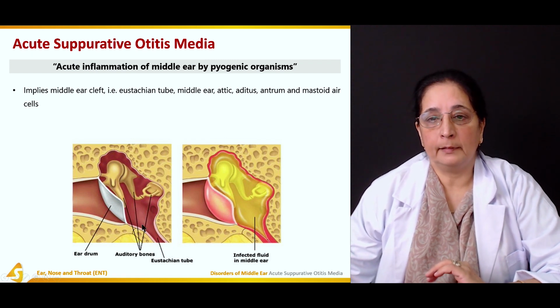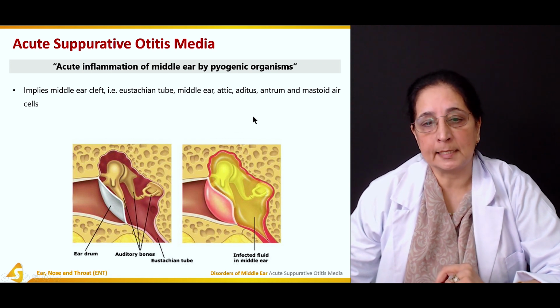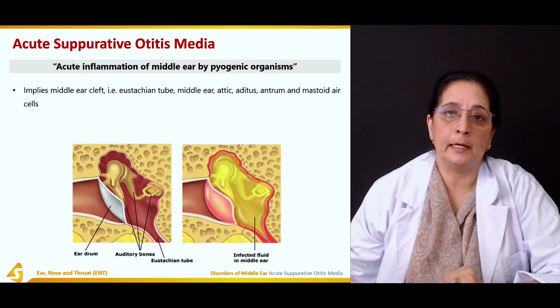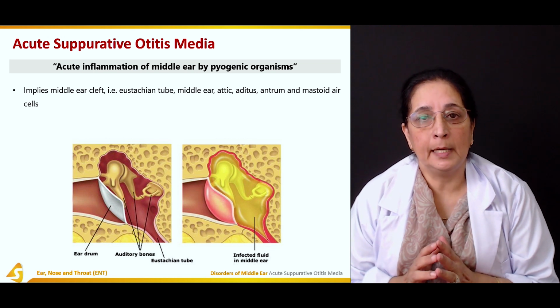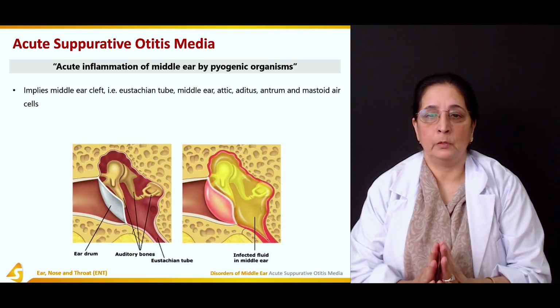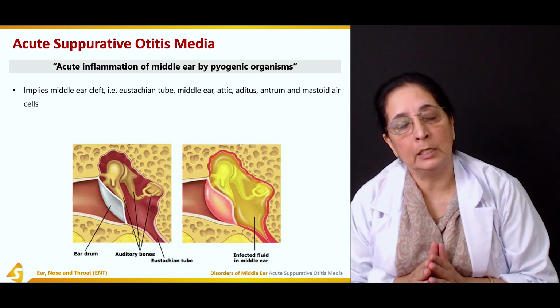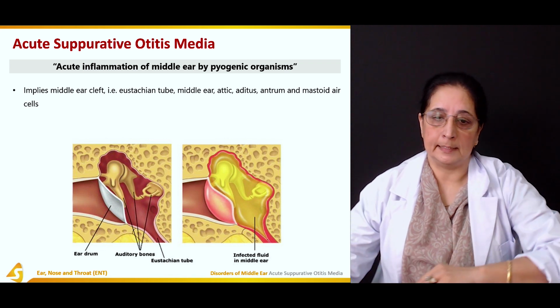Then we have the middle ear itself, then the attic, aditus, antrum, and mastoid air cells. All these different structures are present in the middle ear cleft. So it involves the middle ear cleft and is caused by the pyogenic organisms.